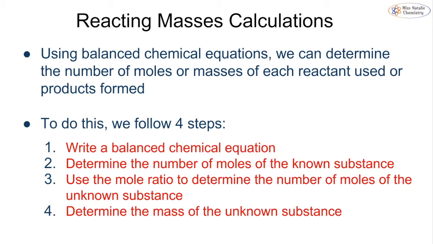Now, what we sometimes have to do is to use balanced chemical equations to determine the number of moles or a mass of each reactant used in a reaction, or the number of moles or masses of a product that is being formed. And in order to calculate these values, we follow 4 simple steps.